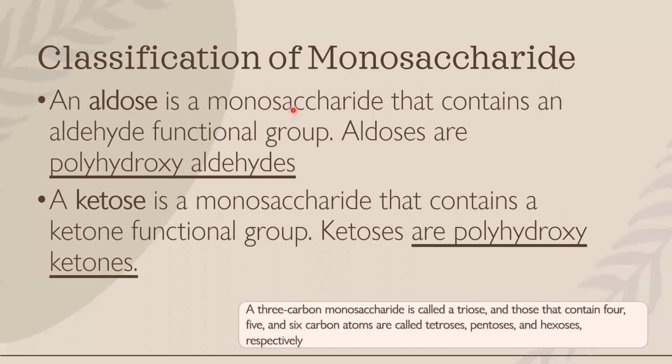Now for the ketoses, this is a monosaccharide which contains the ketone functional group, and these are the polyhydroxy ketones. A 5-carbon monosaccharide with a ketone functional group is called a ketopentose.